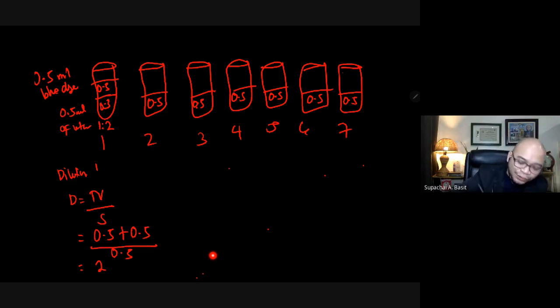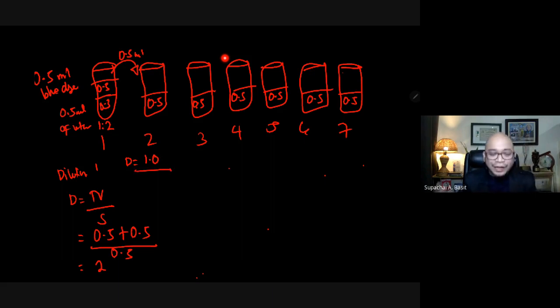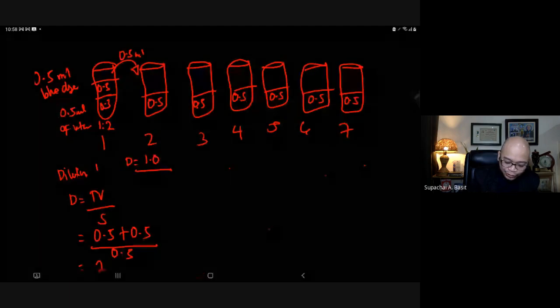So what you'll do next in the serial dilution is that you transfer another 0.5 ml into the second tube. The volume in tube number 2 would still be 1 ml, because 0.5 plus 0.5 is 1 ml. However, the solute is no longer 0.5 ml, because you divide the solute by 2.